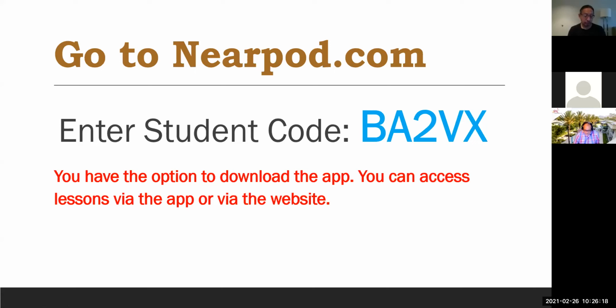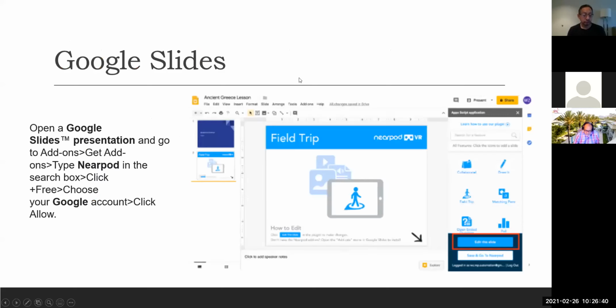If you're able to get into Nearpod and enter in this code, it will show you a little mini lesson. Yes, it is for middle and high schoolers, but it's a cute little mini lesson to give you an idea of what Nearpod is like. Like I said, you have the option to download the app, but you do not have to because you can access it via the website.